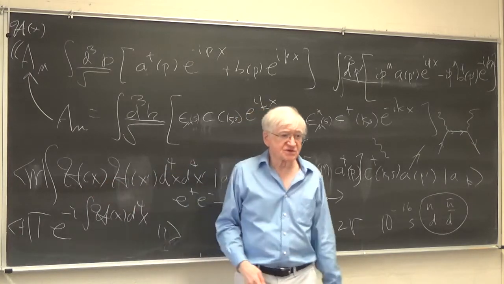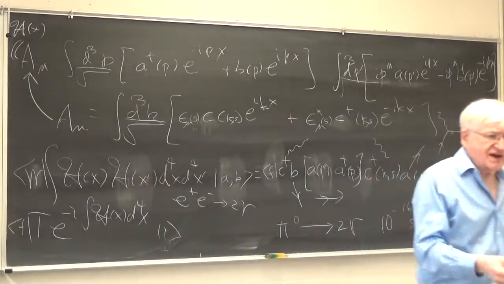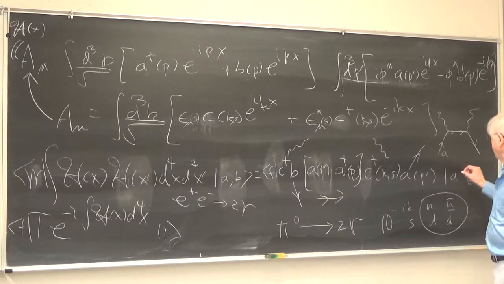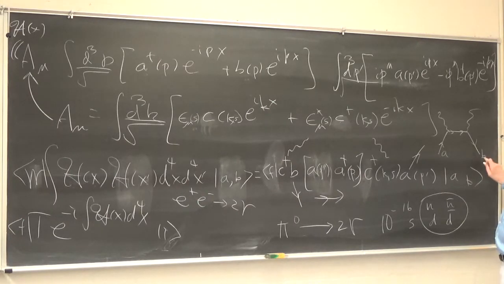You've got 64 terms. You can cherry pick them to find combinations of, this is basically one annihilation operator. This is one antiparticle annihilation operator. And this is a photon creation operator and a photon creation operator.